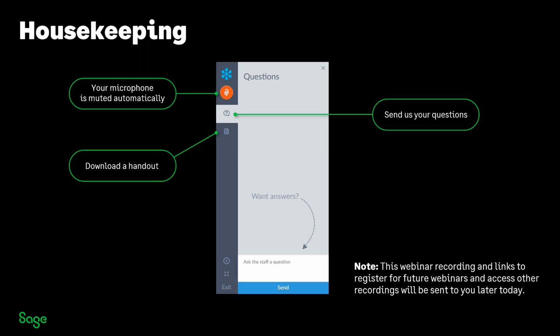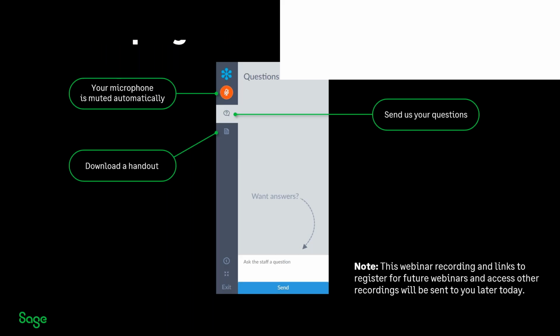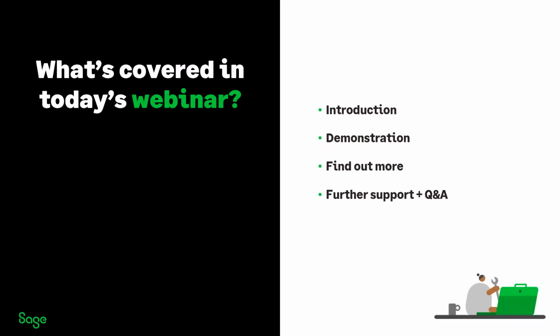Let's take a look at what we're going to be covering though. So we're going to start with a brief introduction. We'll then get stuck into some demonstrations, which is, I think, why everyone comes along to these webinars, so you can actually see it in action and get that running commentary as we run through the invoicing process. We'll explain a bit more where you can find out more about the process. So if you want those detailed step-by-step guides, they're available via our help centre.